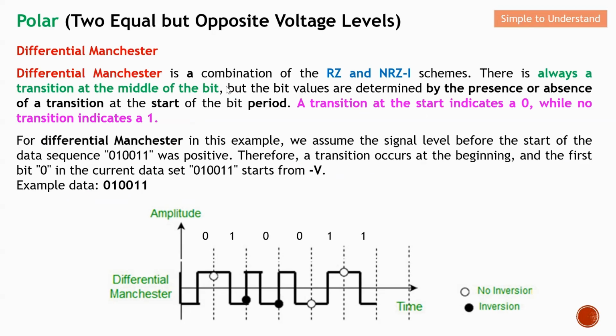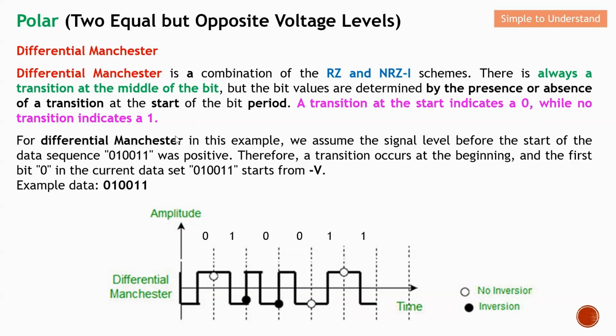So basically, this is the characteristic of return to 0. I'll come to the characteristic of non-return to 0 inverted. The bit value is determined by the presence or absence of a transition at the start of the bit period. A transition at the start indicates a 0, while no transition indicates a 1. I'll come to this later on.